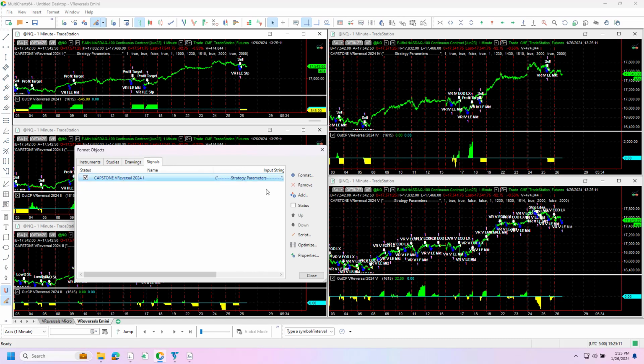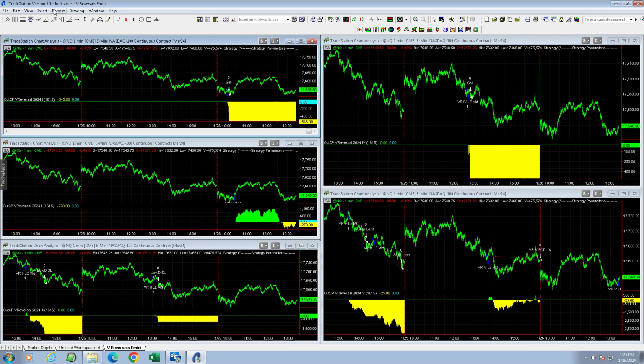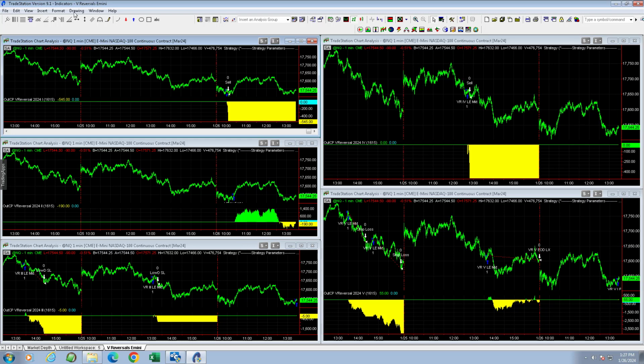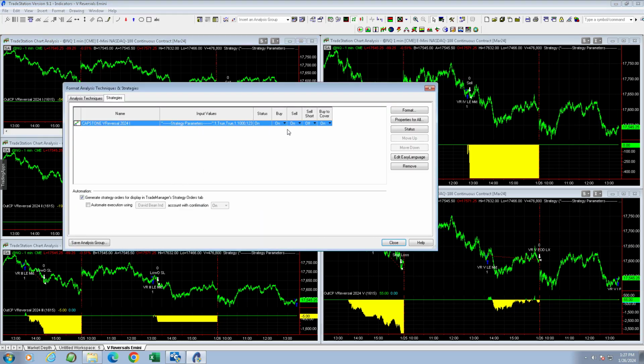I'm going to show you the difference in Multicharts and Tradestation in that, and I had to write that directly into the strategy. This is an older version of Tradestation, and you can see here if you go format, I'm going to do format strategies. In Tradestation you see buy, sell, buy short, sell short, buy to cover.